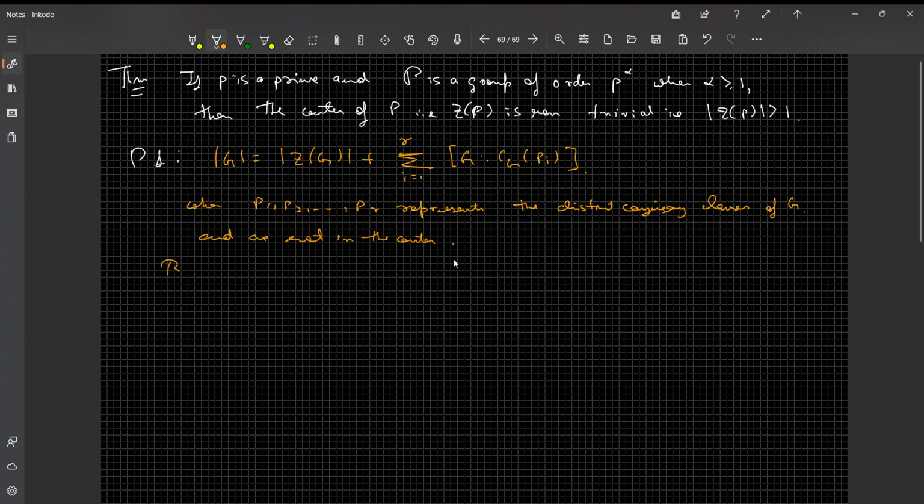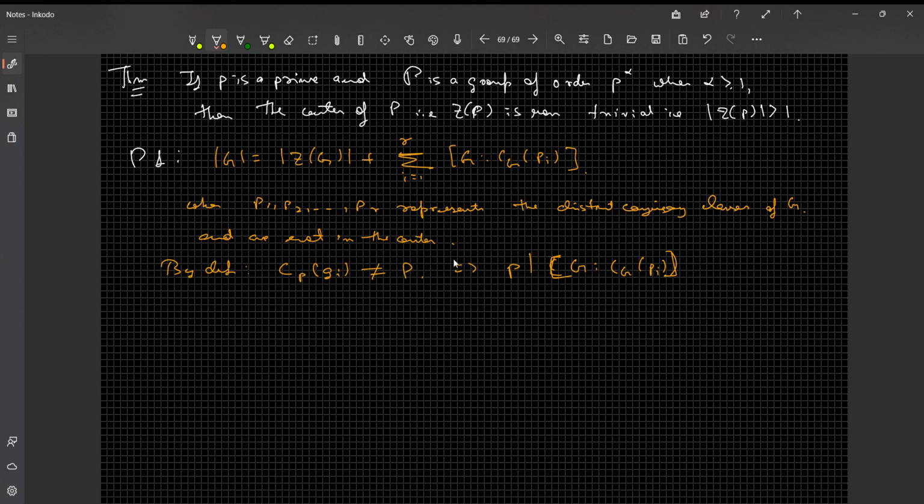Now, obviously, by definition, each centralizer is not equal to G, right? Got it? But this implies that p must divide the index of the centralizer.